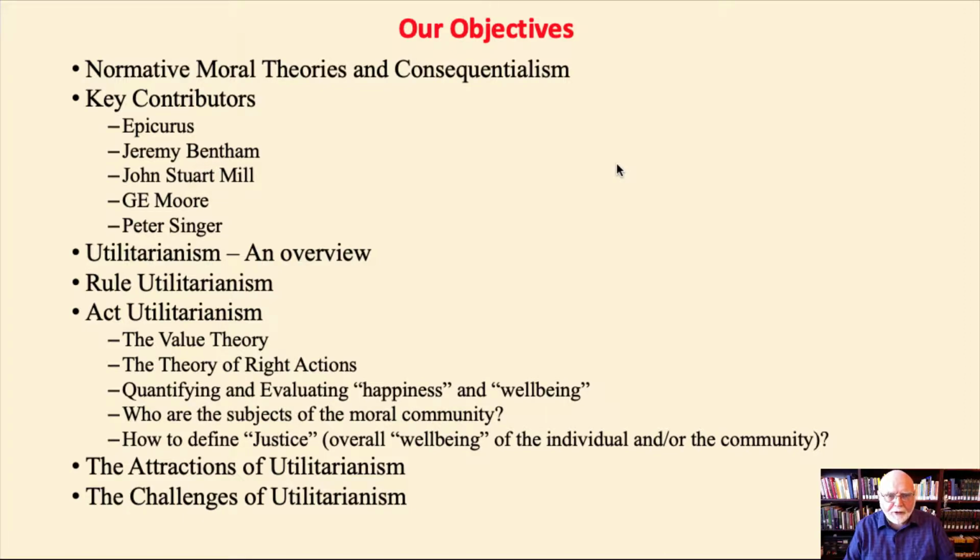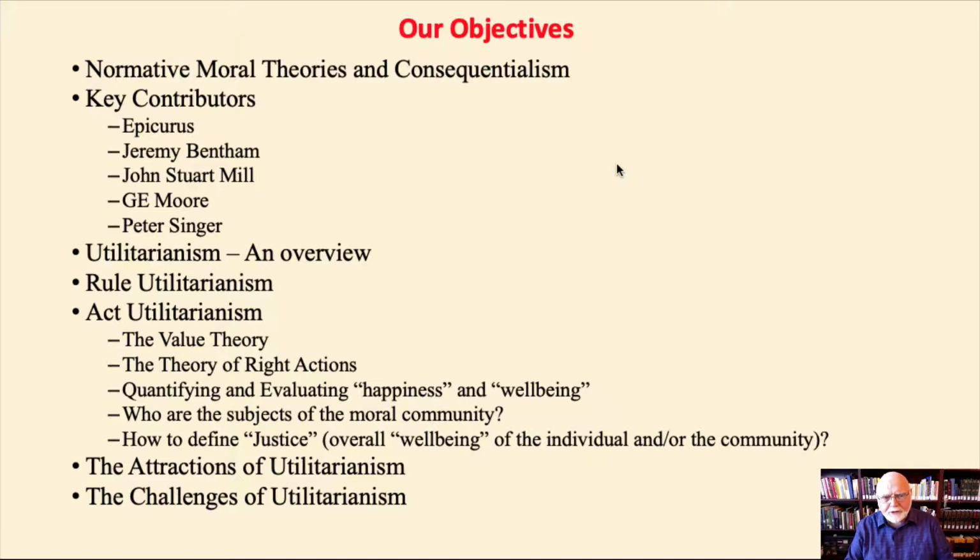We're going to talk about normative ethics and how consequentialism fits in. We're going to look at a number of key contributors to the development of the theory of consequentialism and utilitarian ethics, with a particular focus on Jeremy Bentham and John Stuart Mill.